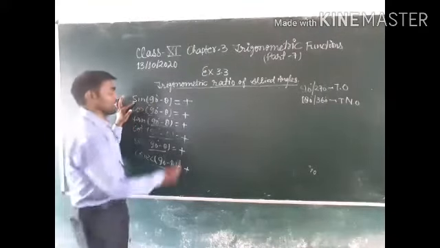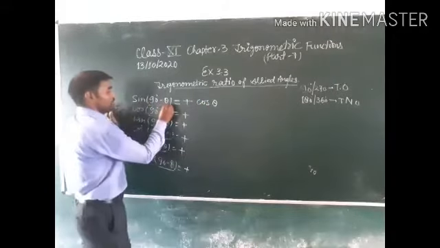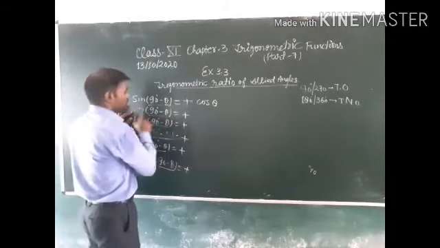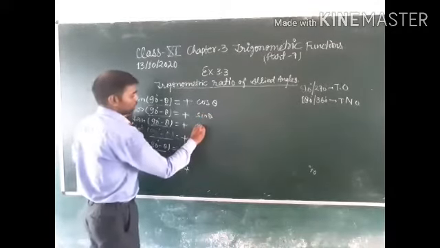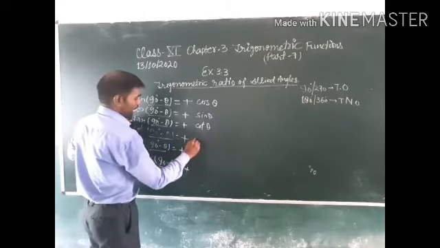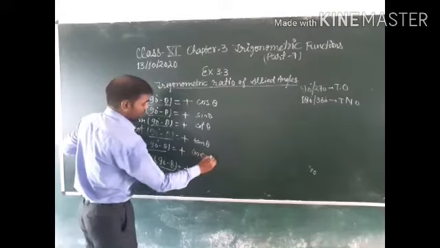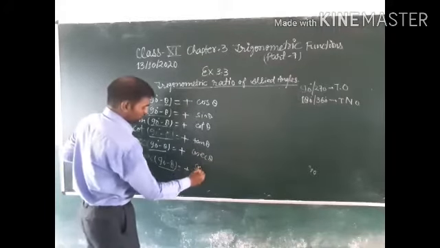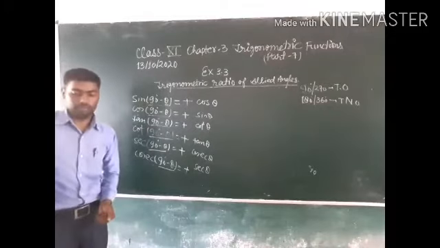So we write cos, and theta stays. Cos converts into sin, tan converts into cot, cot converts into tan, sec converts into cosec, and cosec converts into sec. So this is the part of 90 minus theta.